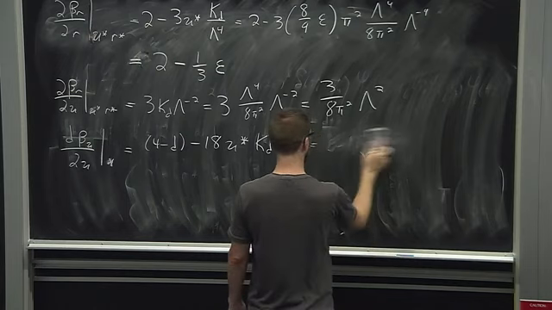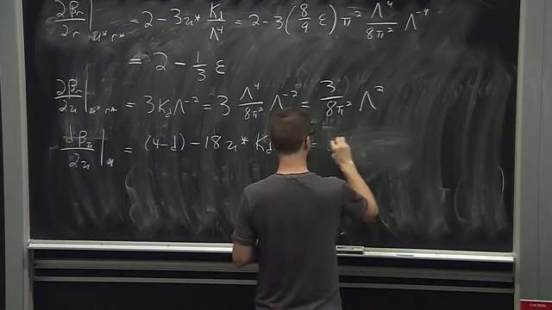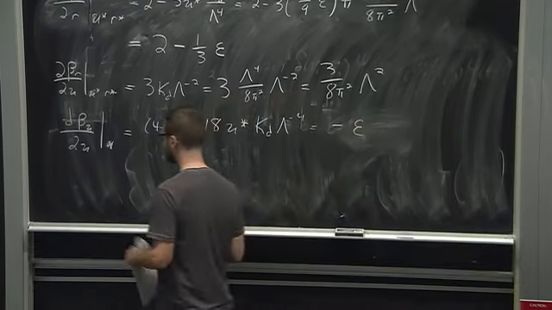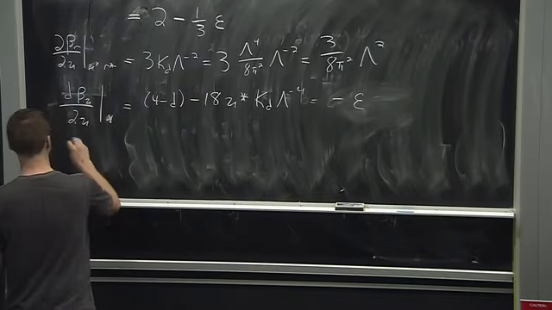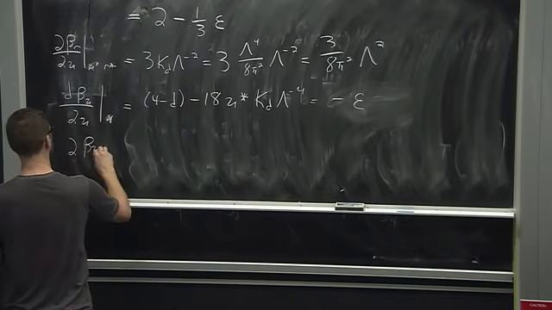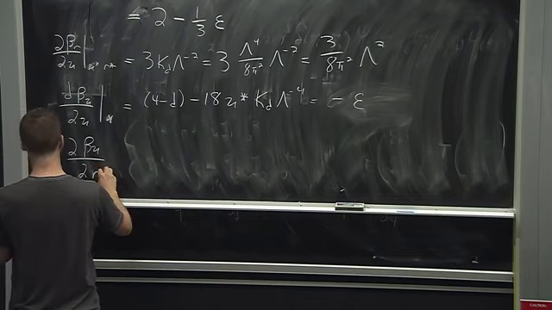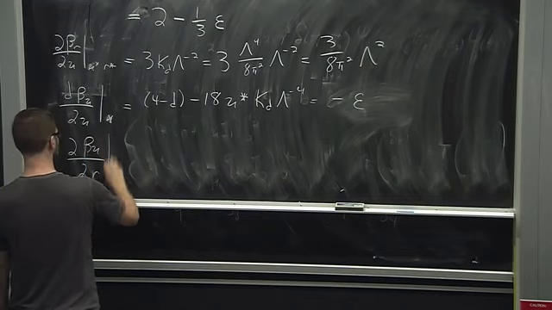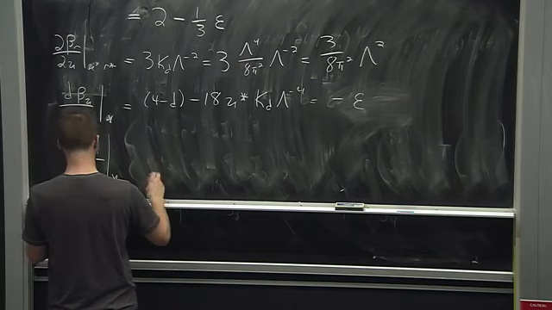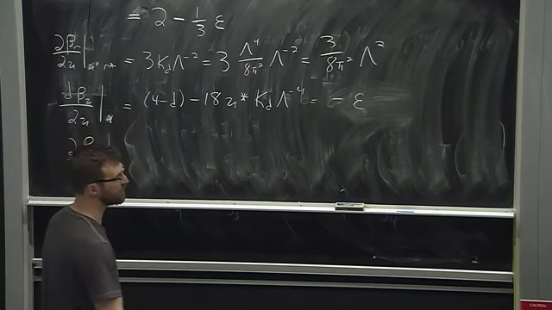Whatever, plug that all in. I get minus epsilon for this one. And the last one's R at the fixed point. What's this one look like?